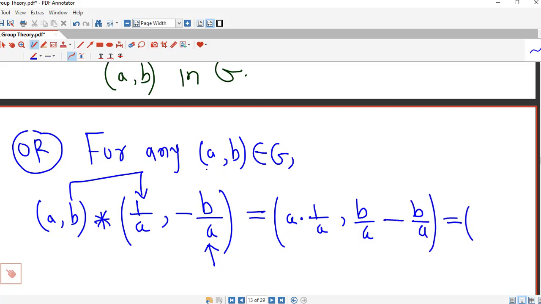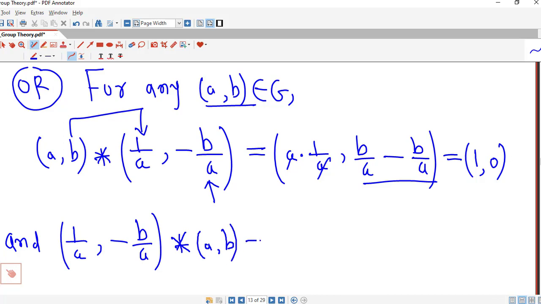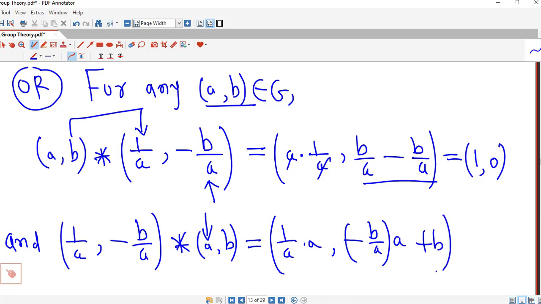And here A is non-zero, because (A,B) is in G, therefore A is non-zero, so we can cancel out A here, and this is going to be 0. So we obtain the identity element. As well, we have to write this part also: (1 by A, minus B by A) star (A,B) equals first component into first component, that is 1 by A into A, then second component into first component, which is A here, plus second component.